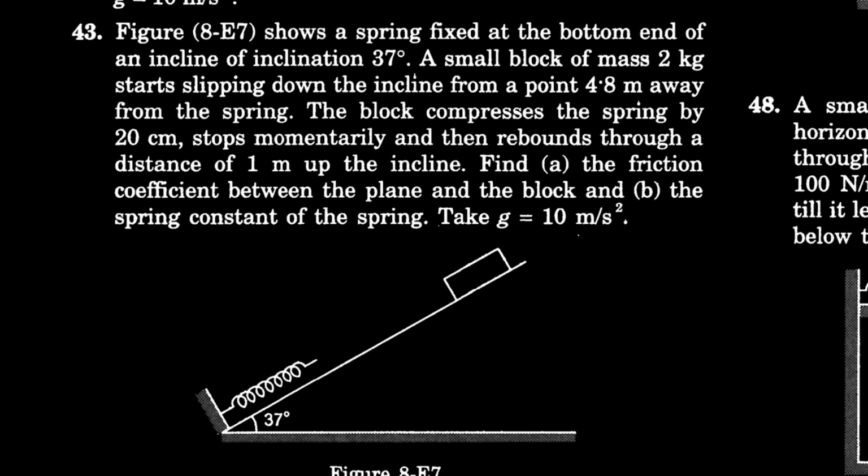So in this question, let's first draw the diagram. So there is this spring and a block. The distance is 4.8 meters. Angle is 37 degrees.